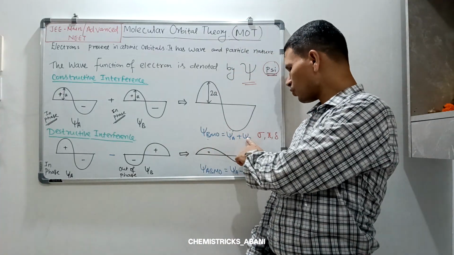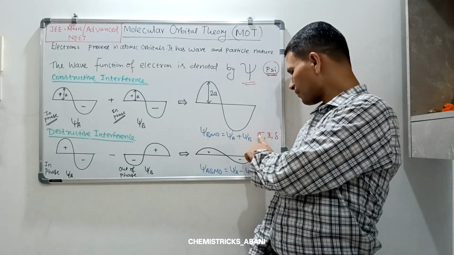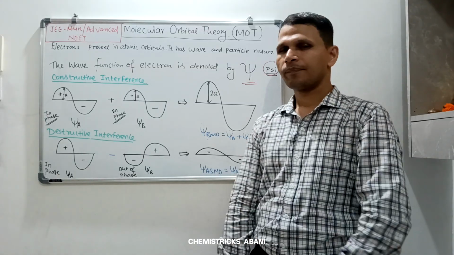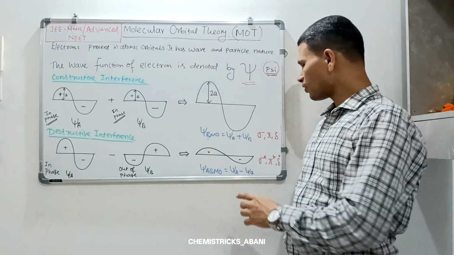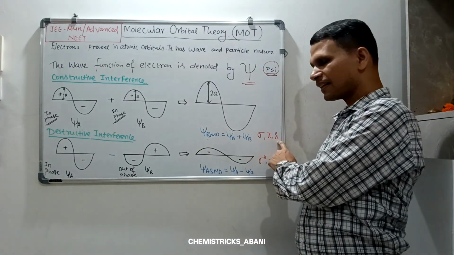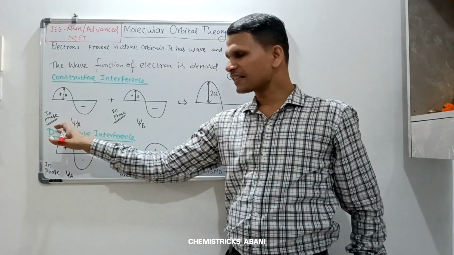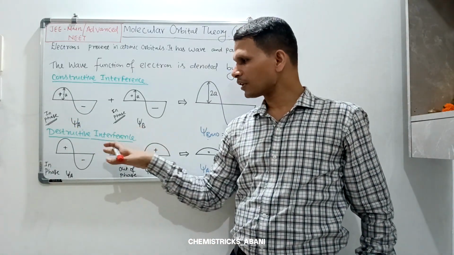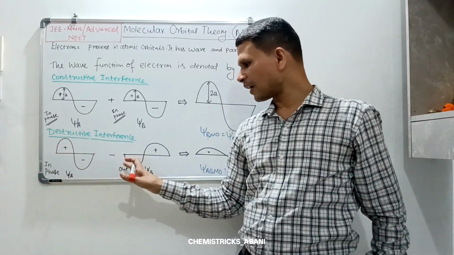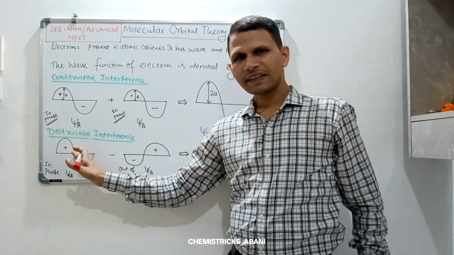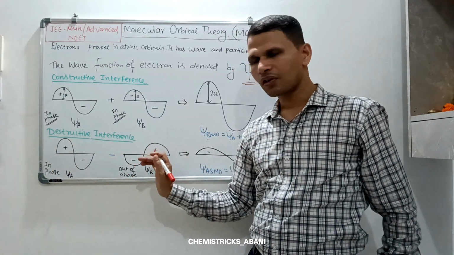These are addition of two wave functions, and it forms sigma, pi and delta bonds. So addition of wave function always forms sigma, pi and delta bonds, and subtraction of wave function is the other one. This is destructive interference of wave function. Here this wave is in phase and this wave is out of phase.